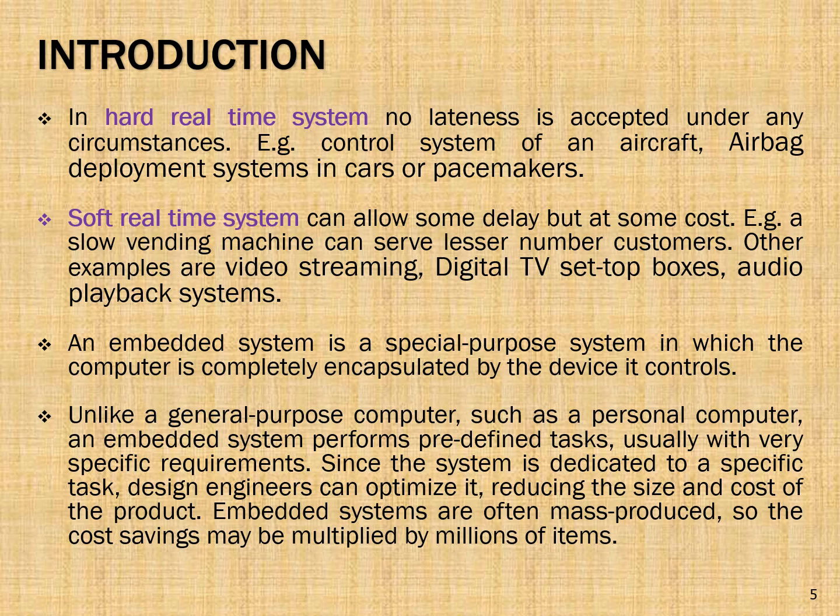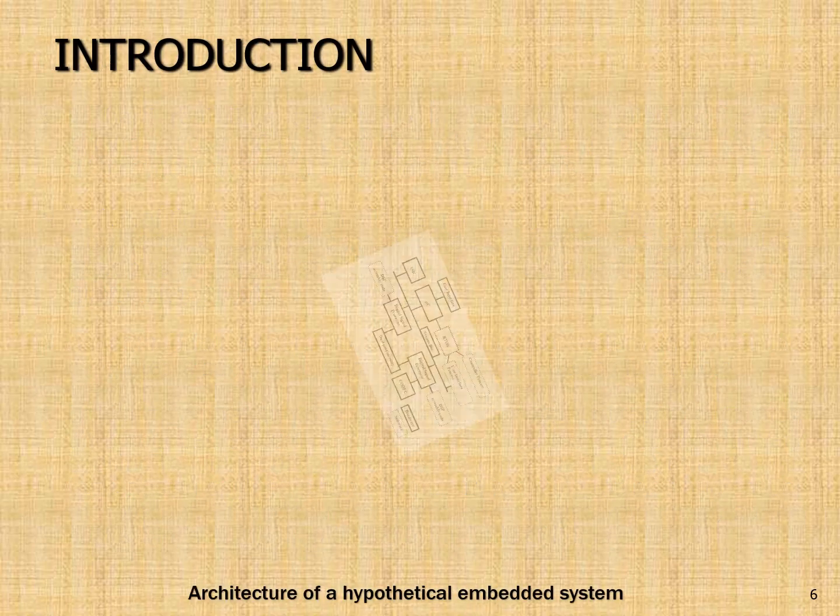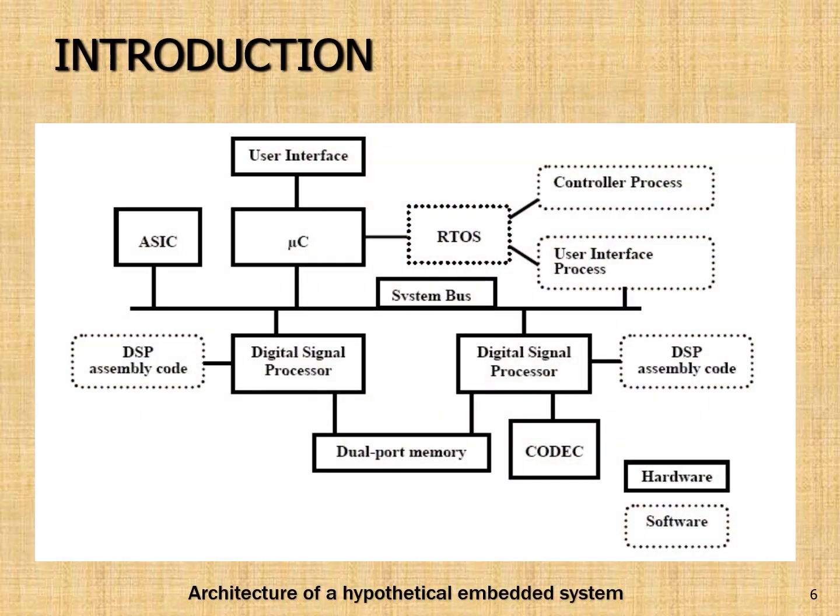That way optimization can be done, and the unnecessary components and resources can be discarded, which gives a very big cost advantage compared to general purpose computers. So this slide shows a general architecture of a hypothetical real-time embedded system, where a microprocessor with RTOS.